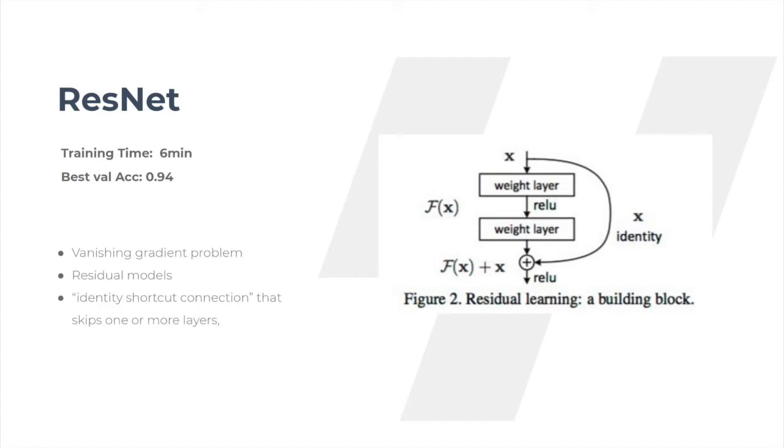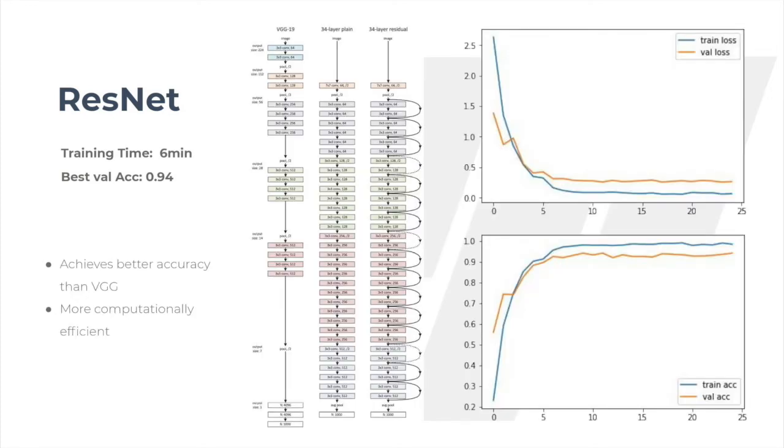The core idea of ResNet is introducing a so-called identity shortcut connection that skips one or more layers. ResNet achieves better accuracy than VGG, and it is also more computationally efficient. For our model, it only takes around 6 minutes to train, and it can achieve 94% validation accuracy.